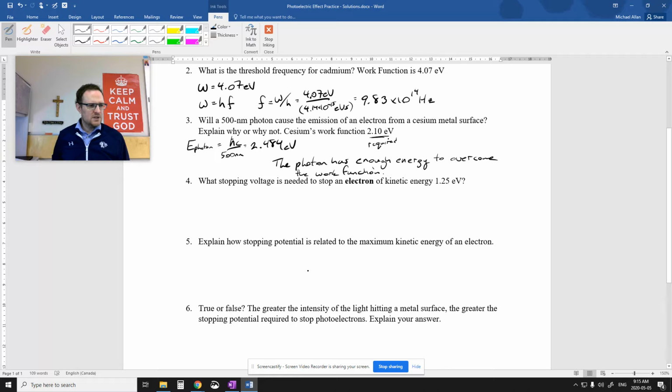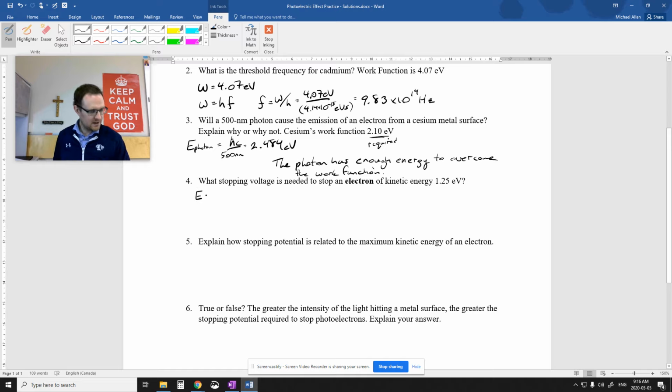What's the stopping voltage required to stop an electron? A very specific amount of energy. Okay, so I'm just going back to my formula sheet here, pull up the stopping voltage formula, which I think I explained in the lesson video is essentially the same as one of the other formulas just above it there.